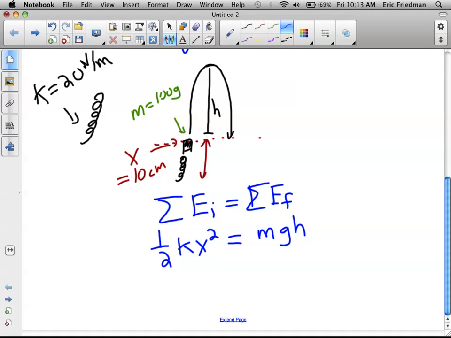Easy, let's do the algebra. h equals 1/2 kx squared divided by mg.